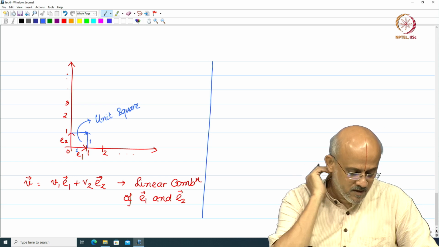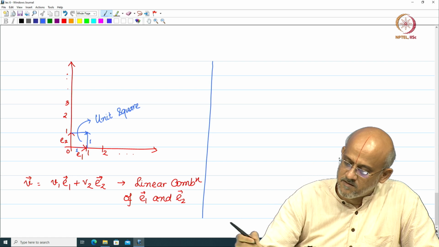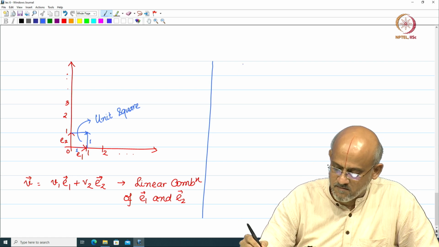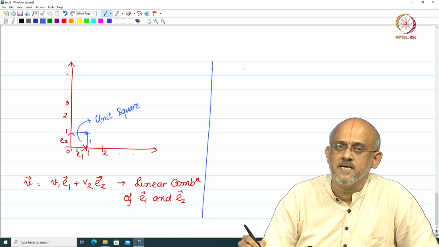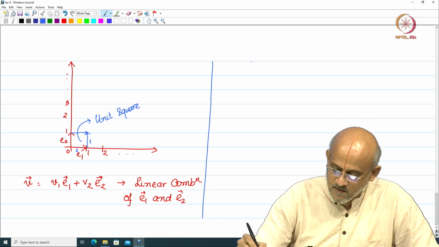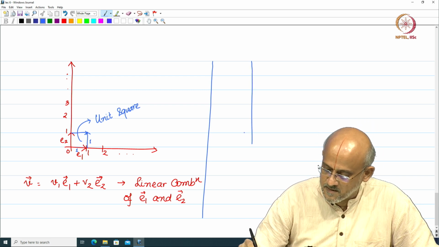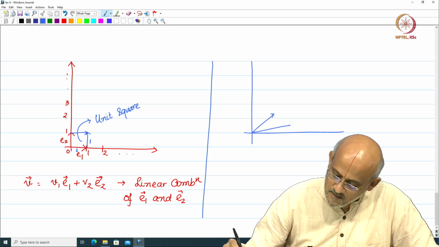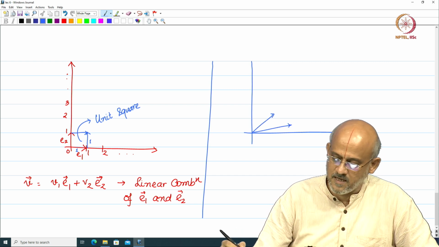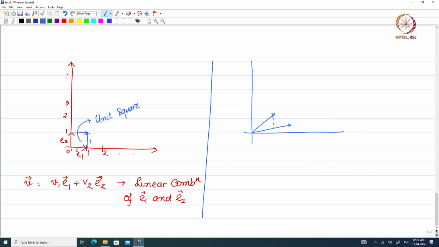So now what we want to do is, why do we want to even look at E1 and E2? Why not we just take any other vector, let us say A1, A2. For example, let us take some other vectors.